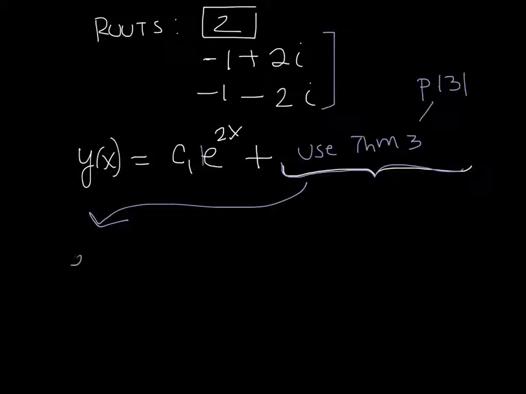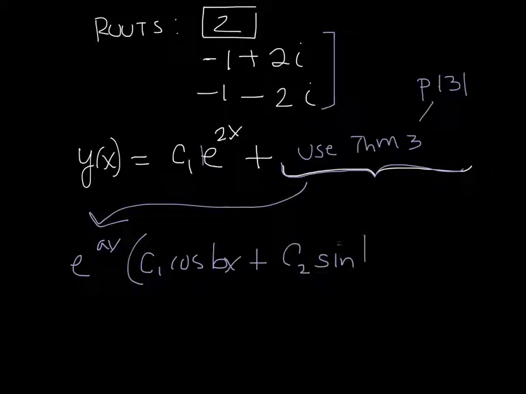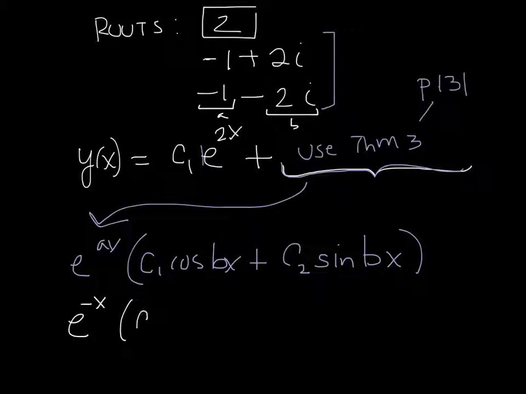Okay, so we have e to the ax times the quantity c1 cosine bx plus c2 sine bx. Well, what's our a and what's our b? Okay, e to the ax. My a is negative 1, right? Here's my a and b. So e to the negative x, c1 cosine bx.